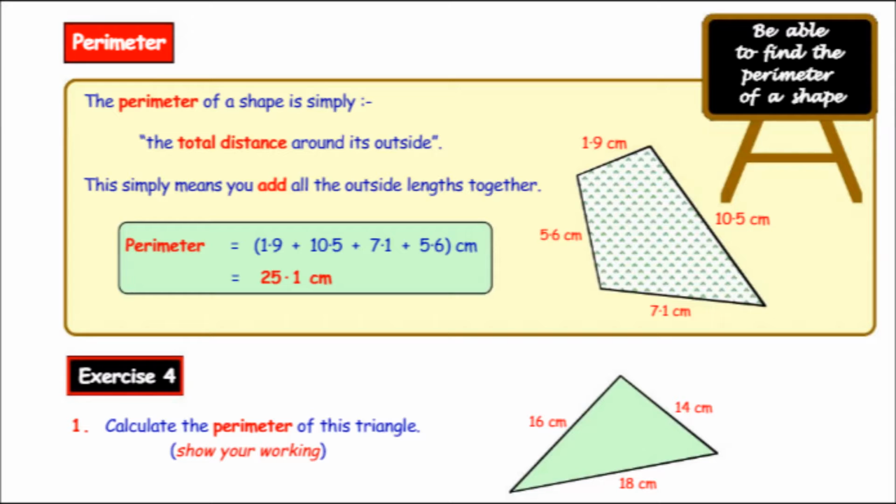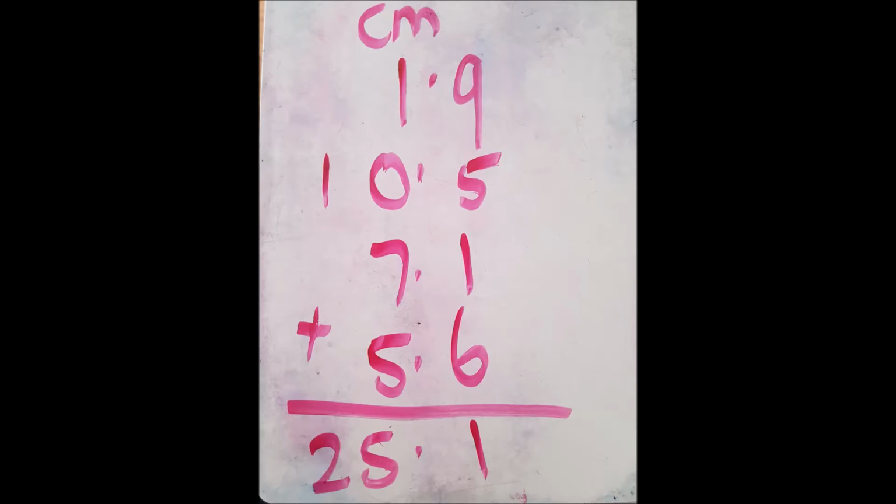And given the total of 25.1 centimetres, that's really just to save you writing cm every single time. Okay, there's another way of laying it out, which is like this, where you've got the centimetres above the units column, and then you don't have to write centimetres again. You just write it once at the top of the units column if you want to do your sums like that.